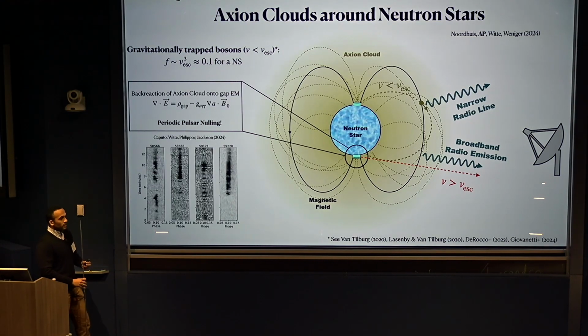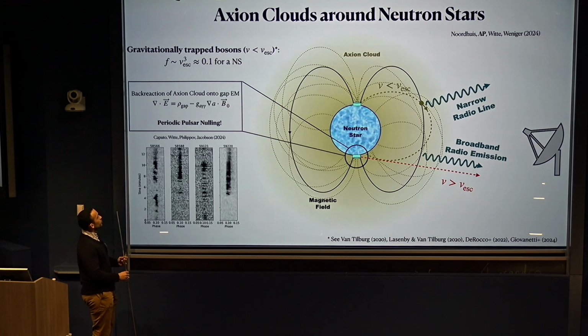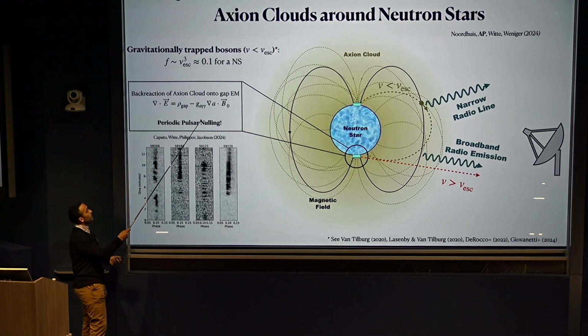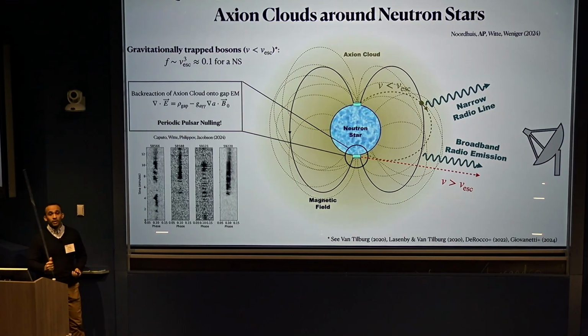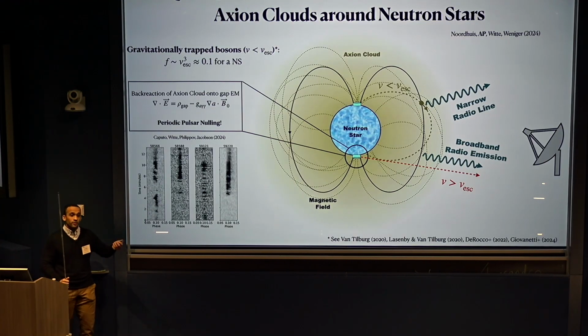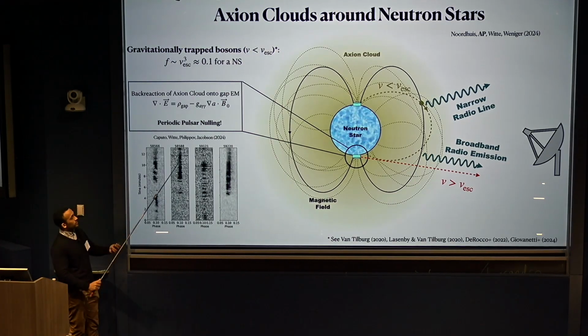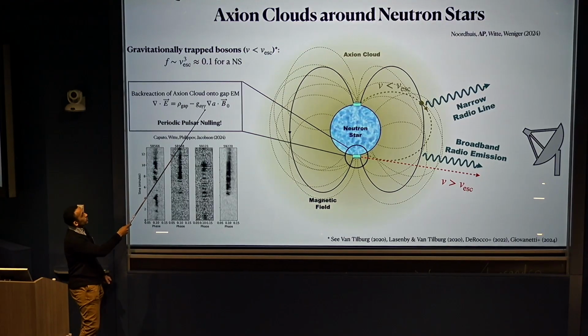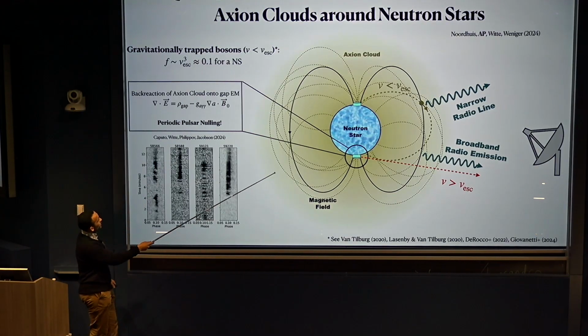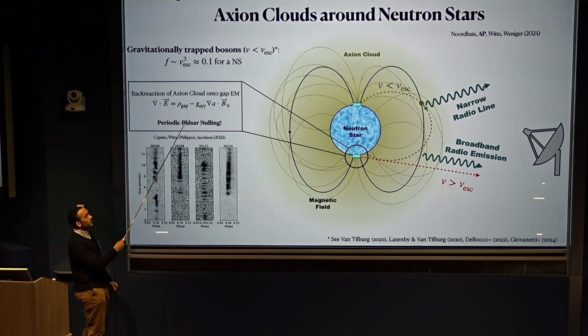Another interesting thing that can happen, which Libby alluded to, is that if I have a sufficiently large axion amplitude in this gap region, the axion might actually back react onto those complicated electrodynamics that Libby was talking about. And so you could examine Gauss's law in axion electromagnetism. And you see that at sufficiently high densities, you would get a contribution from the axion field to the charge density.